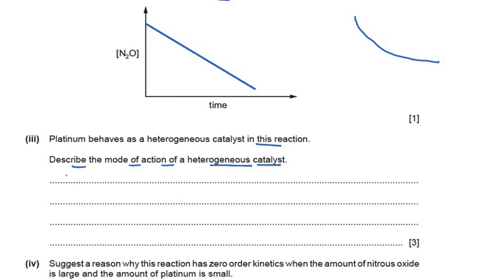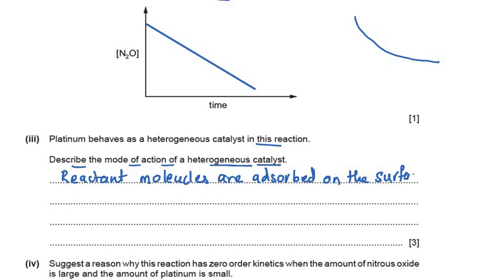First, the reactant molecules are adsorbed on the surface of the catalyst. You can specify the name of the catalyst, that is platinum, on the surface of the catalyst.